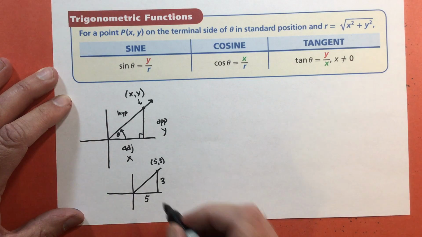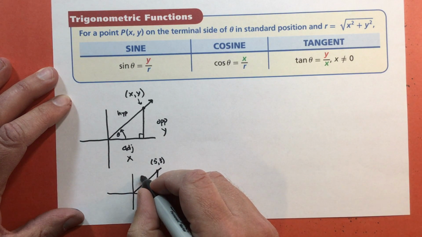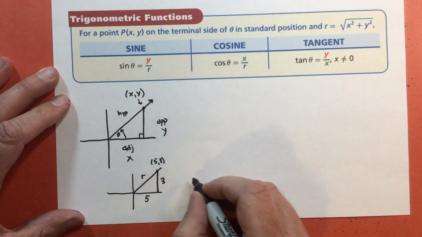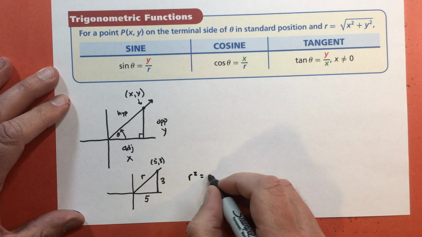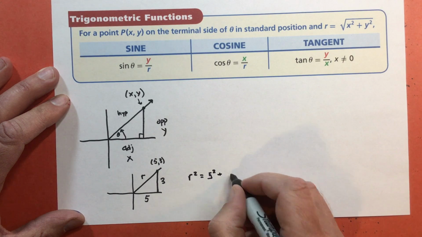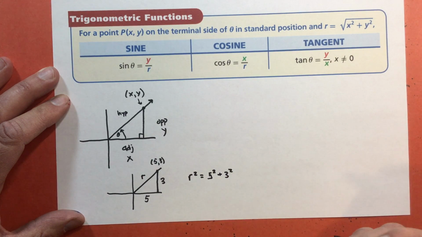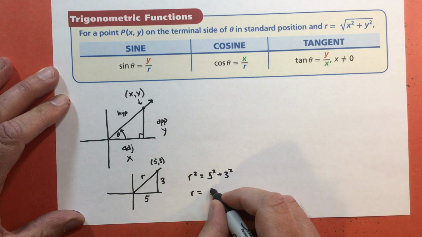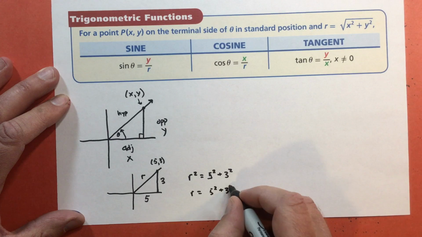I've got to use the Pythagorean theorem. We use r for radius, we'll explain why later, just go with it for now. We say r to the second power equals 5 to the second power plus 3 to the second power. So r is the square root of 5 squared plus 3 squared.